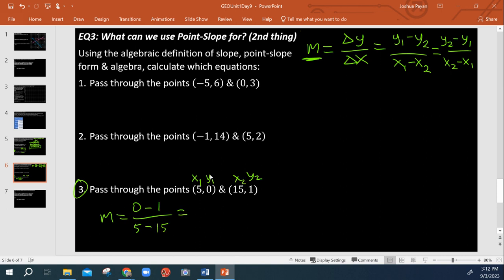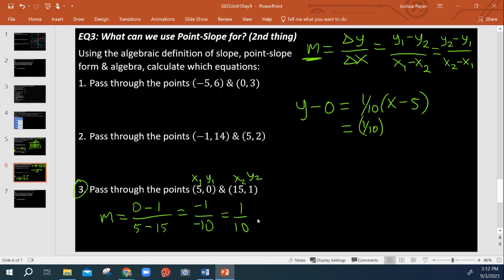Okay, so now I have -1 over -10, which reduces down to just +1/10 because a negative divided by a negative is a positive, right? And then we just plug in a point slope. So y minus y1 equals m times x minus x1. Okay, just distribute 1/10 x minus 1/2. y minus 0 is just y, and we're done.